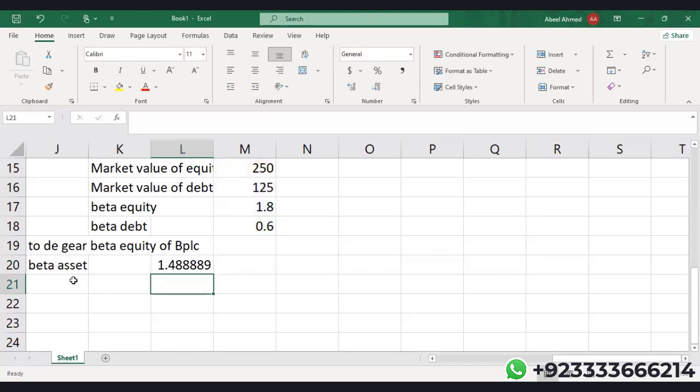So we're getting beta asset 1.48889. Okay, the same thing.